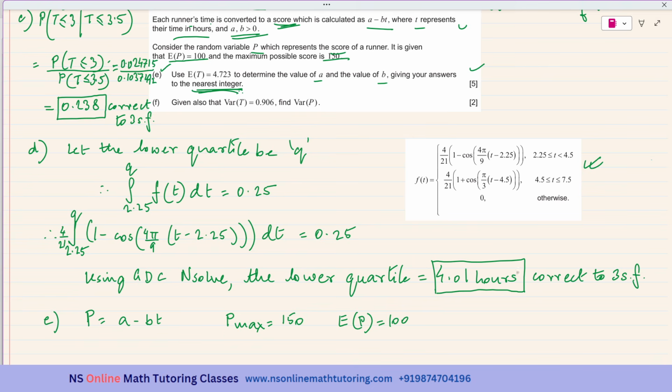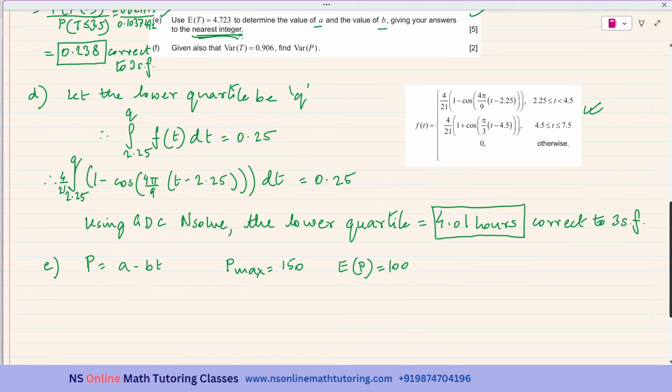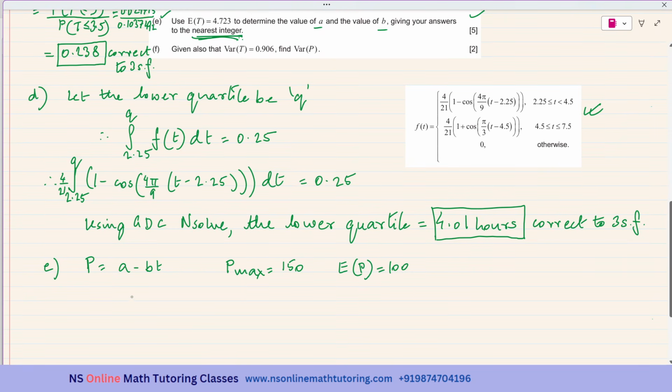Okay, these are the things given. Now I can scroll. So E of T, we have to find the values of A and B, two variables. So we need two equations.